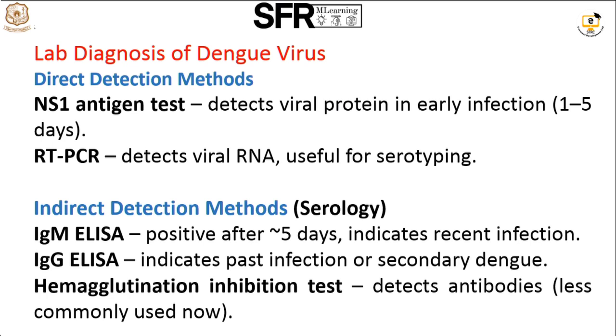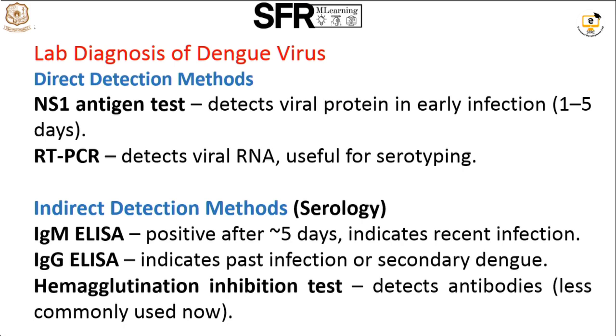For serological testing, we use 3 different types of tests: the IgM ELISA test, the IgG ELISA test and the hemagglutination inhibition test. After 5 days of exposure, we can easily find the infection through IgM ELISA.